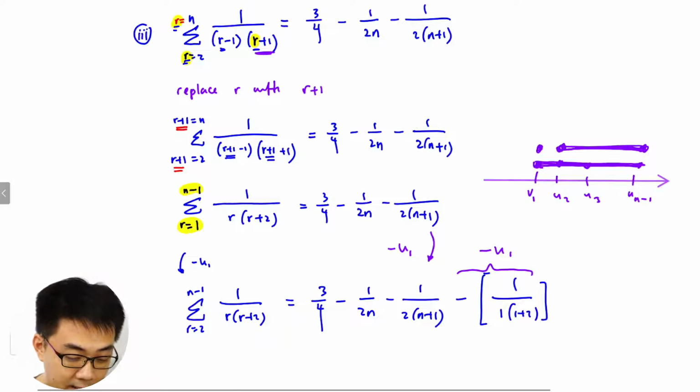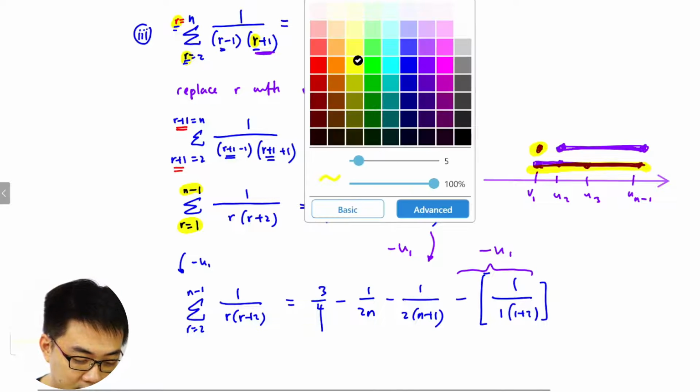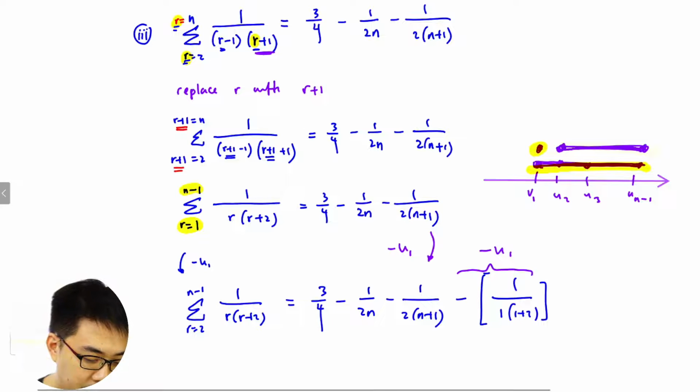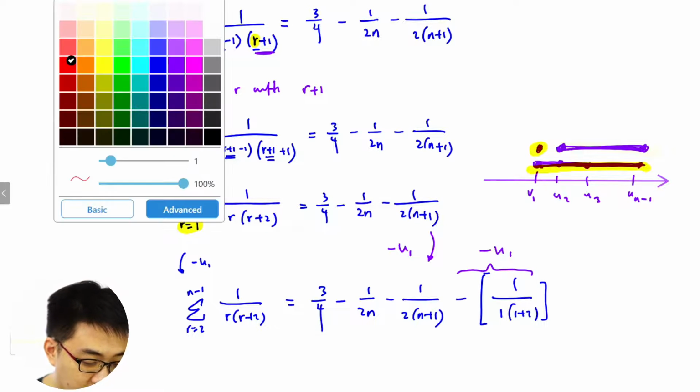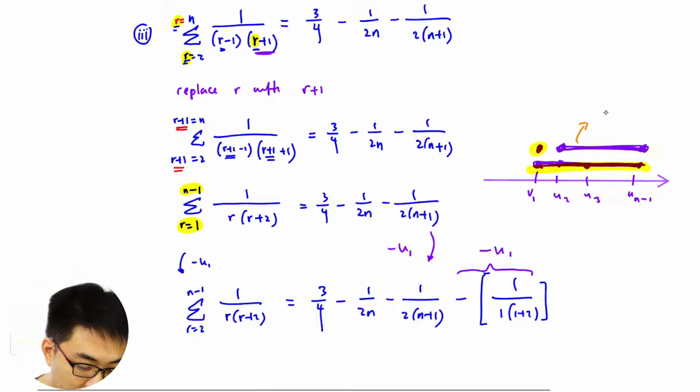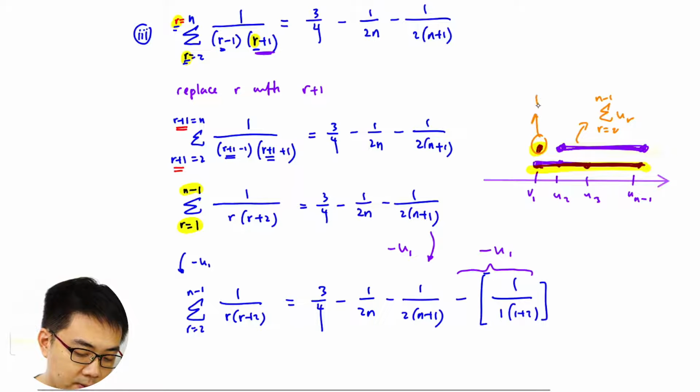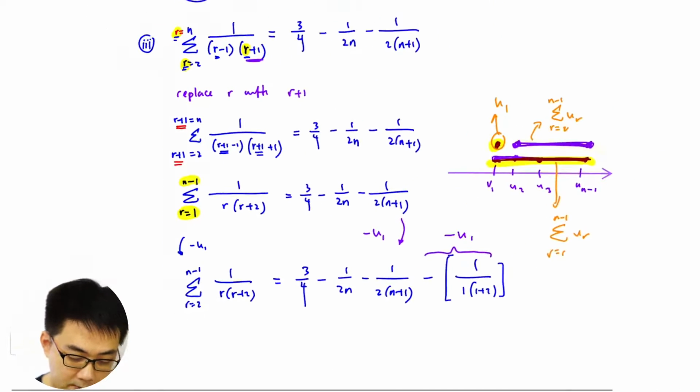So I minus off the u1 from this one so that I can get this over here. The number line would help you to see. But of course, try not to use the number line after a while because it's faster. This is u1, and this is the sum of Ur from r equals 1 to n minus 1.